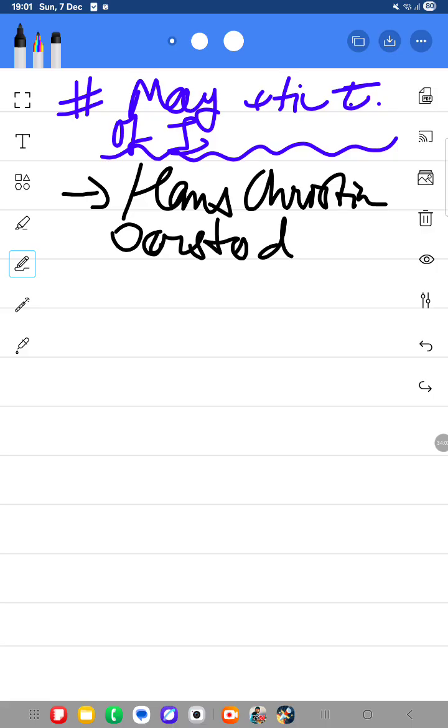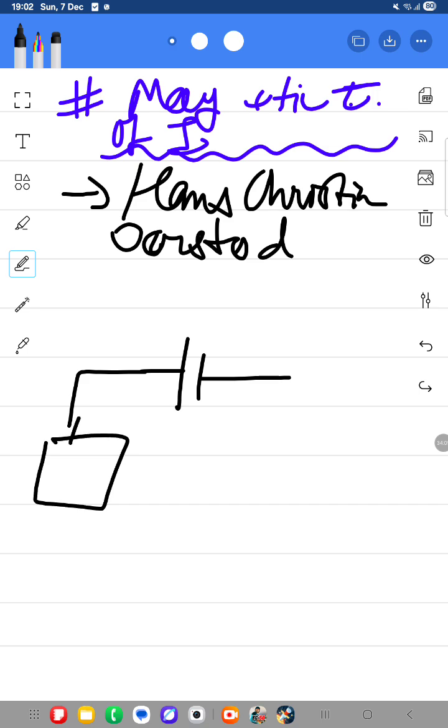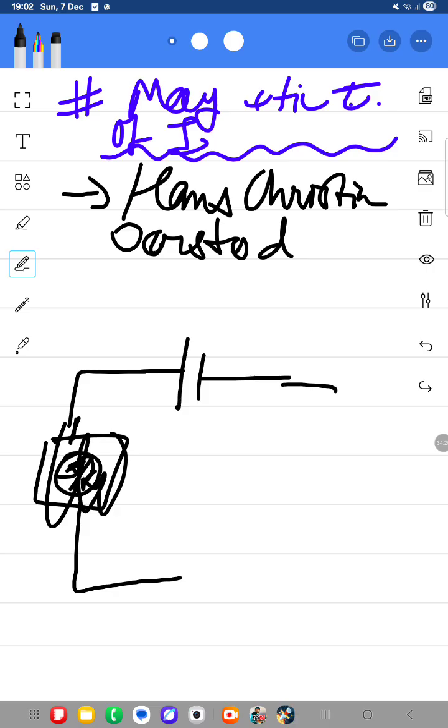So I will show you what he found. Here you can say matchbox, compass, south, north, from a cell, positive, negative.